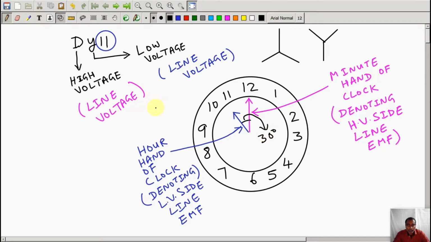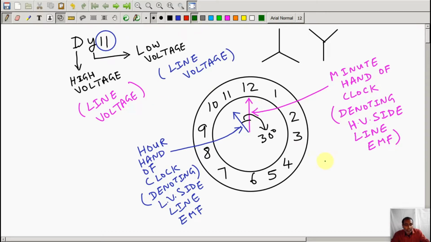So we intend to draw this connection for a three-phase transformer which is having this nomenclature DY11. We have to remember one particular thing in this clock method of angle designation, and this is very important.